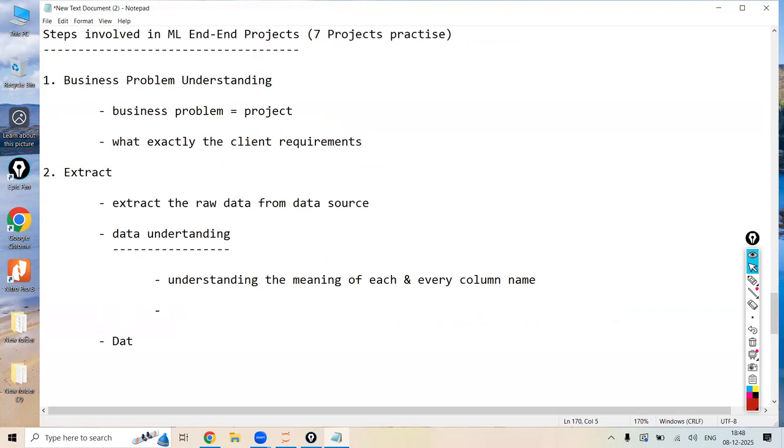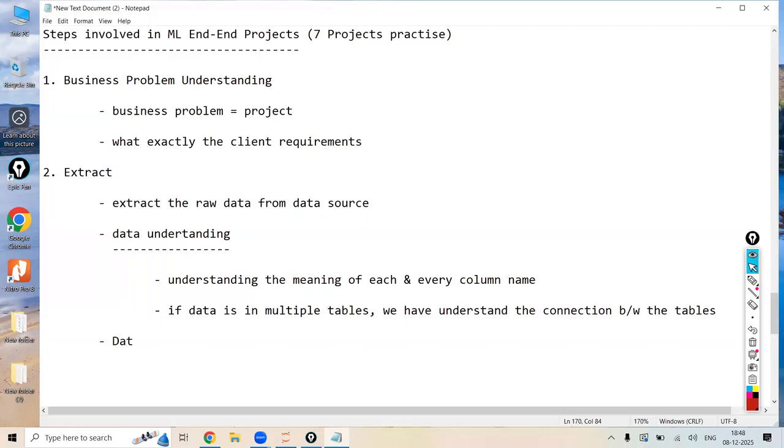If data is in multiple tables, we have to understand the connection between the tables. What is the connection between the tables?